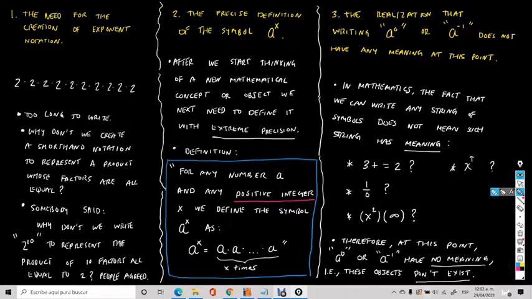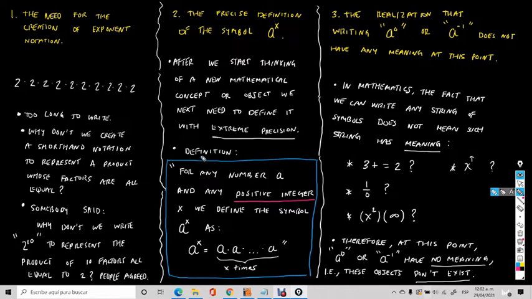Now that you have been doing all of this during a few days or weeks or months, then comes the time in which you need to define your concept. In this case, this new symbol, you need to define it with extreme precision. That's always the case in mathematics. You need to define every new object, every new mathematical concept. Once you have thought about it, next you need to define it with extreme precision.